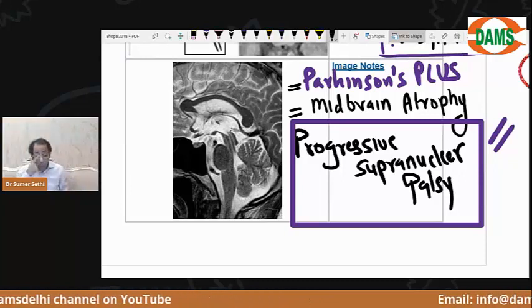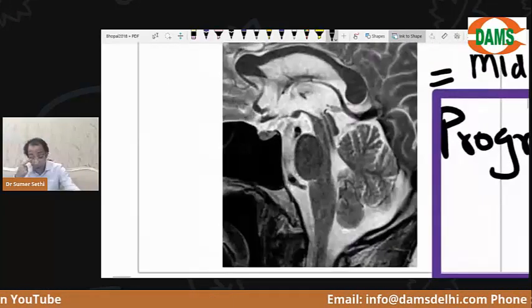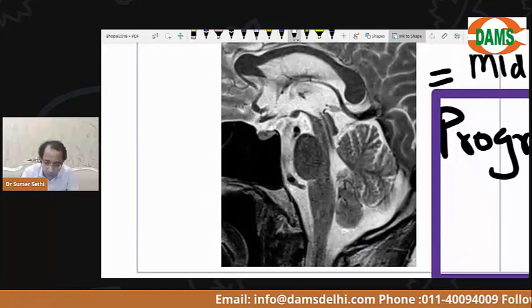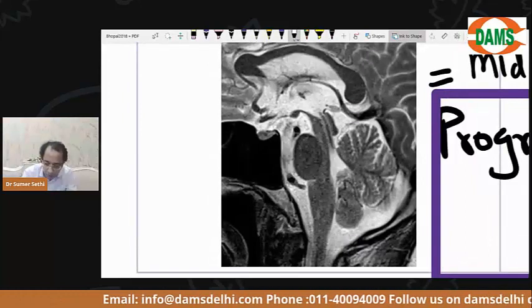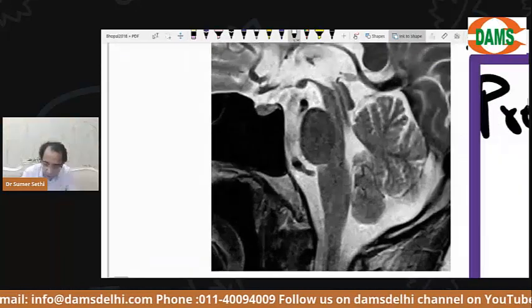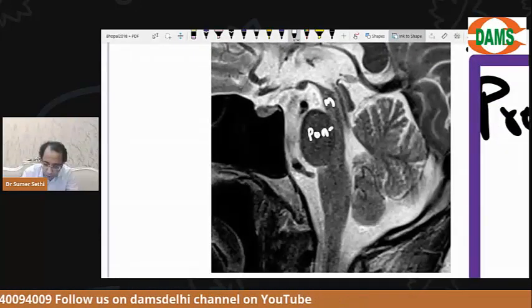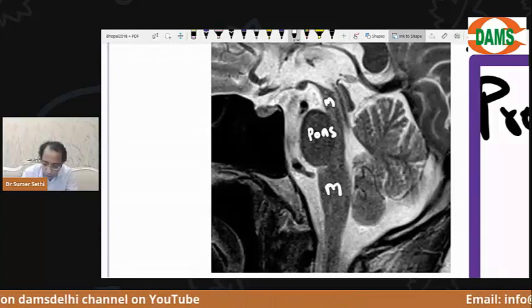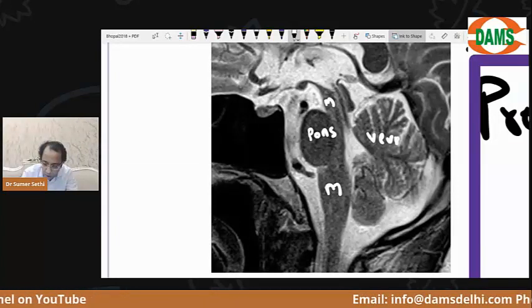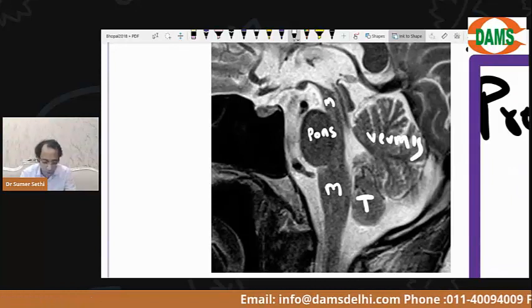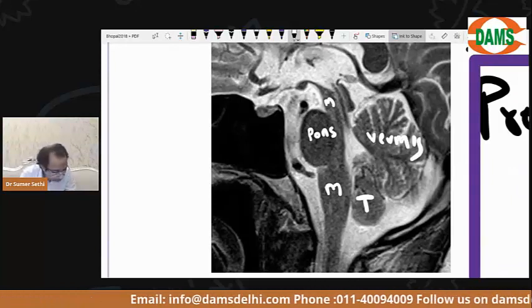How to identify it on an MRI? Let me explain it to you. Let's see how many of you are able to understand my point. If this is your midbrain, this is your pons, medulla, vermis, tonsil. Okay, very good.